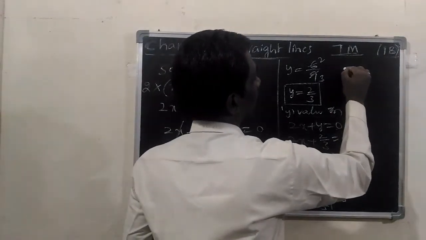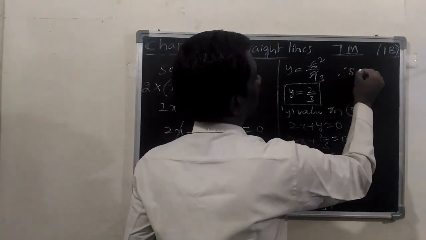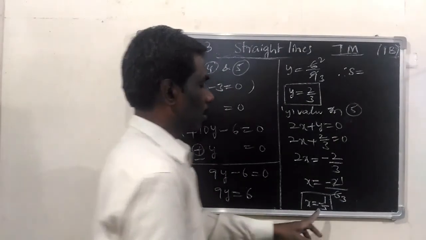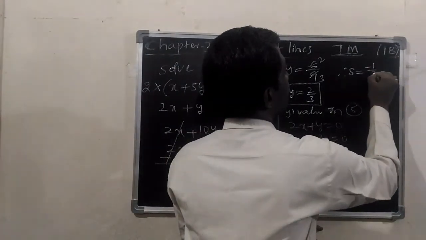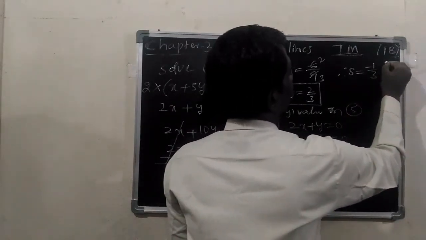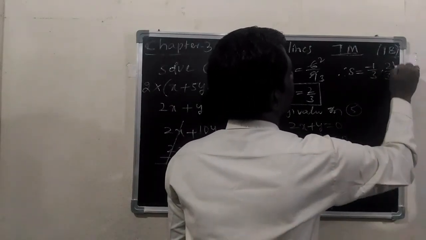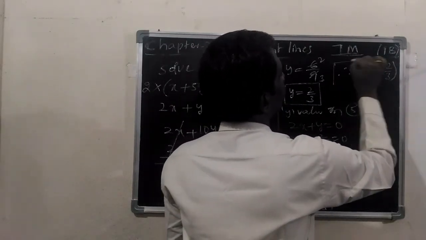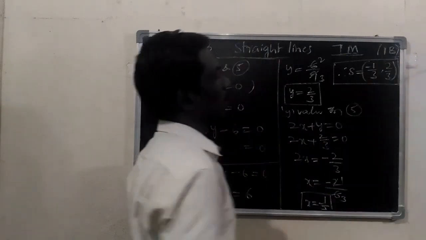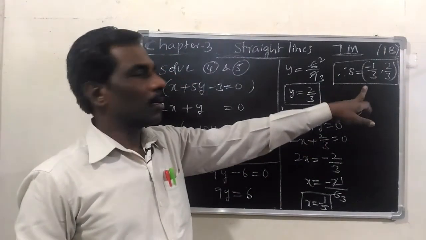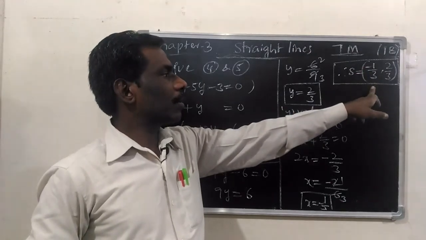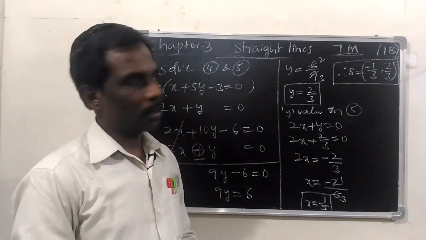Therefore, the circumcenter S is equal to minus 1 by 3 and 2 by 3. This is the final answer. The circumcenter S is equal to minus 1 by 3 and 2 by 3.